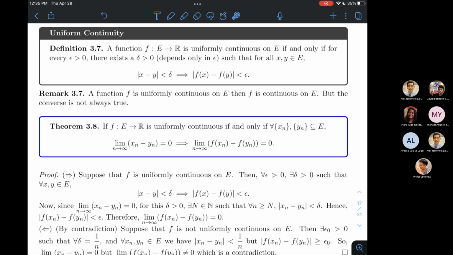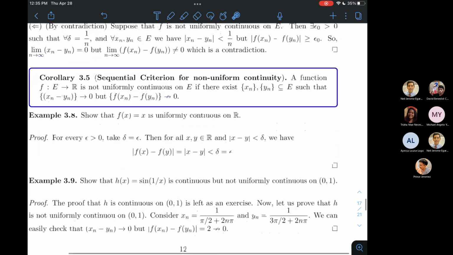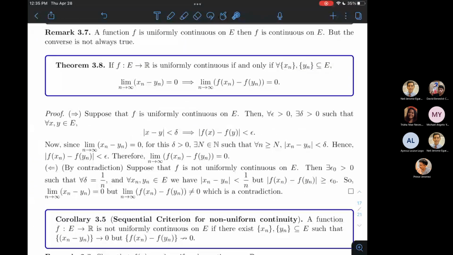So let's try to read the proof, all right? Ng Theorem 3.8. It's an if and only if statement, so it needs two parts. So dalawang parts yung kailangan natin sa proof, yung forward at saka yung converse, okay? Tingnan natin yung forward. Paano pinrove yung forward? Yung sa forward proof, i-assume natin na si f ay uniformly continuous.